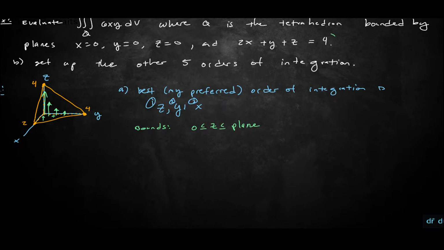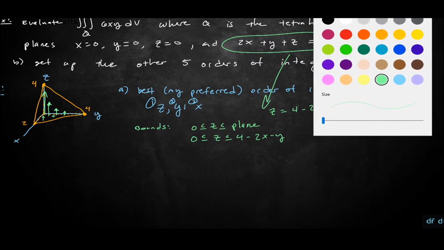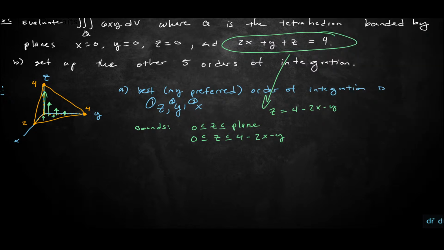So I've got to take this plane equation right here and solve it for z. So that's z equals 4 minus 2x minus y. So that's my upper bound for the z direction, 0 less than or equal to z less than or equal to 4 minus 2x minus y. And then I say, okay, that's my bound for z. Z is bounded above by the plane and bounded below by the xy plane.